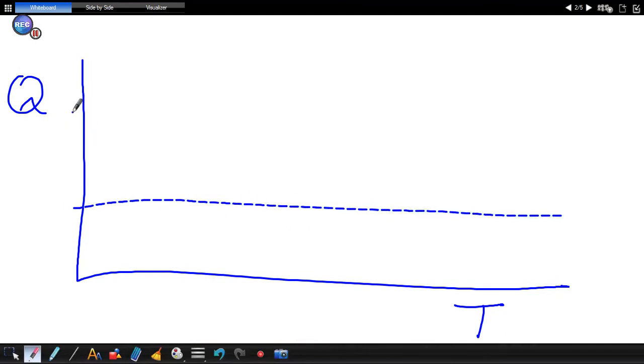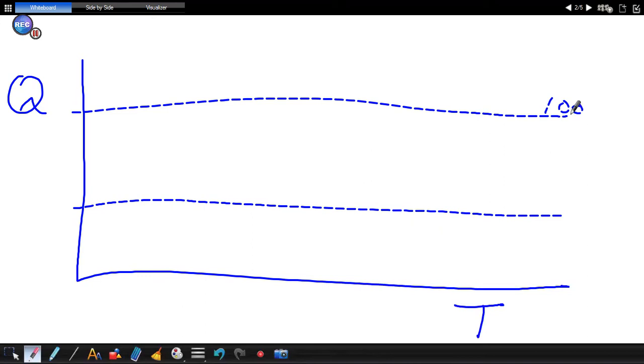So this is going to be 100, let's do solid again. So let's erase that. So we're going to do 100 degrees Celsius, and we're going to talk about our block of ice or our cup of tea or something like that. So this is going to be 100 degrees Celsius and 0 degrees Celsius.